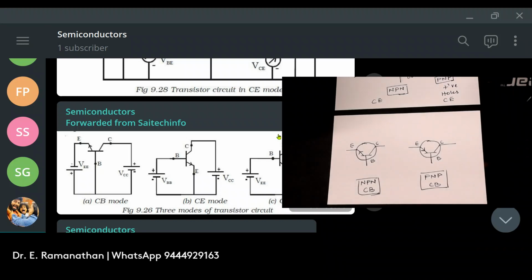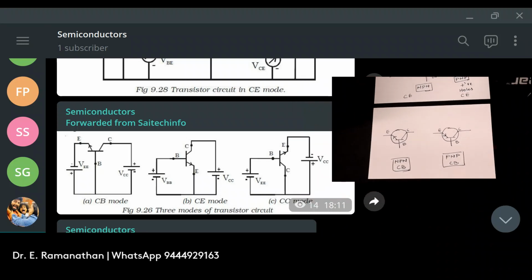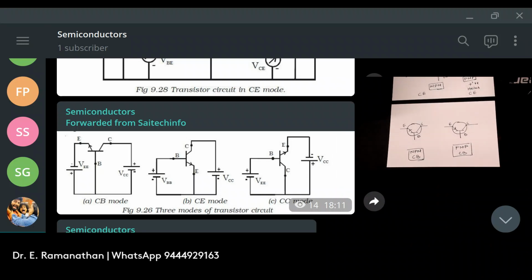Do you follow? So here we have the common base, common emitter, common collector. As I already explained, the common collector has the poor efficiency. We can ignore that. Now let us consider these two, common base mode and common emitter mode.